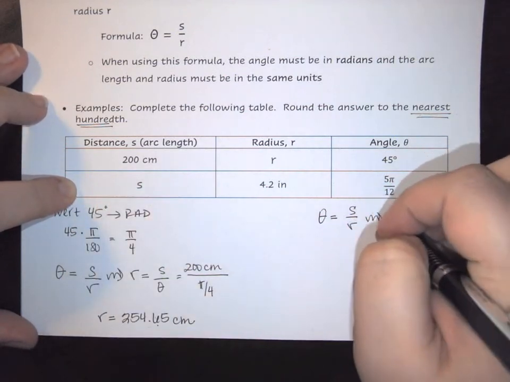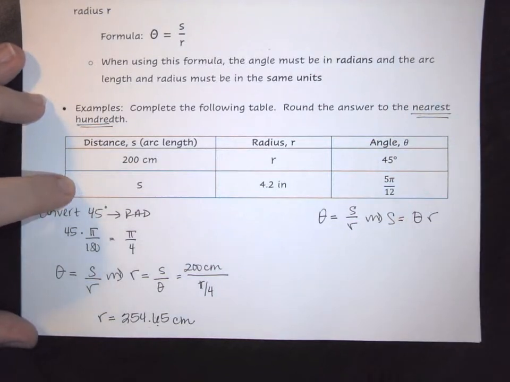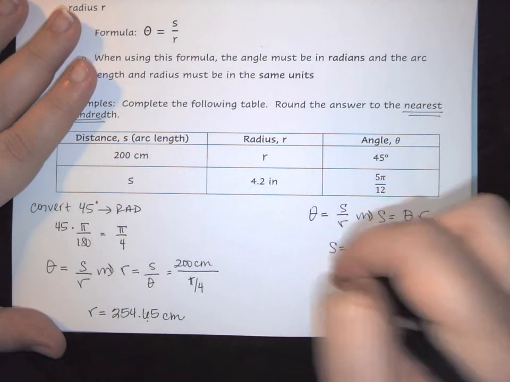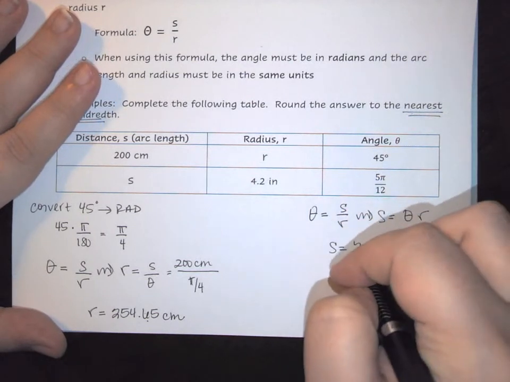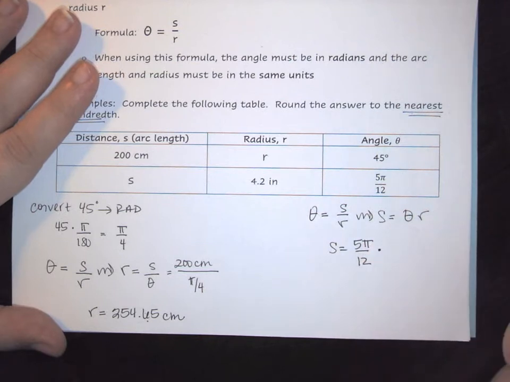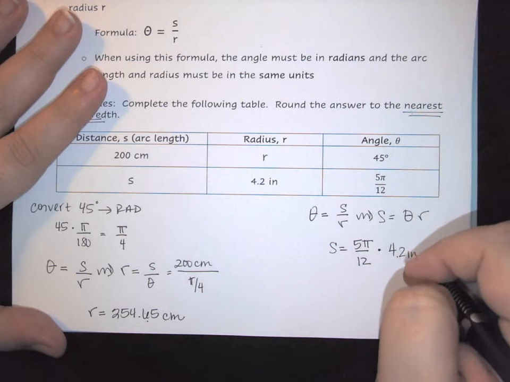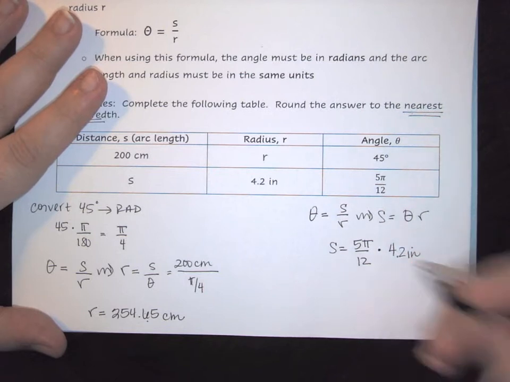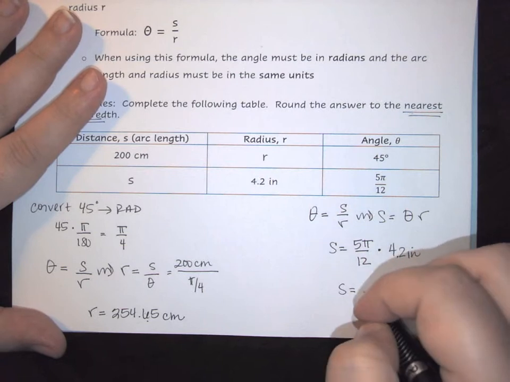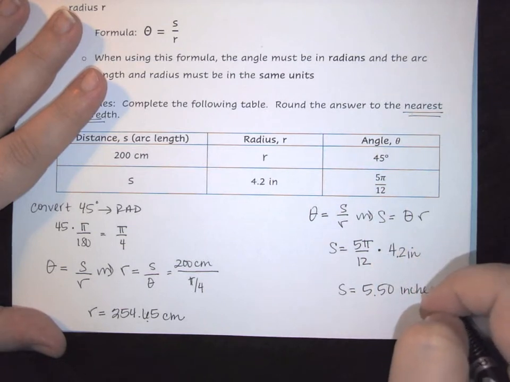So in this case, my S is equal to my angle times R. So here my S is going to be my angle, which was 5 pi over 12. We're going to multiply that by your radius, which was 4.2 inches. In this case, we would then come out with your S being 5.50 inches.